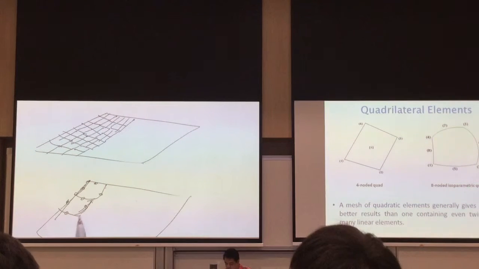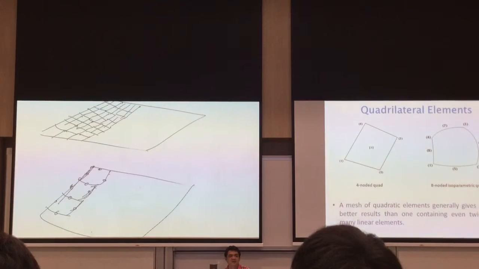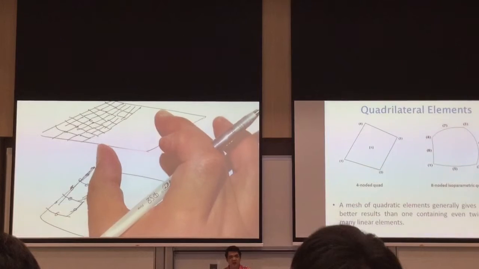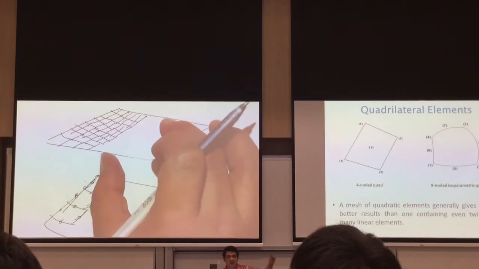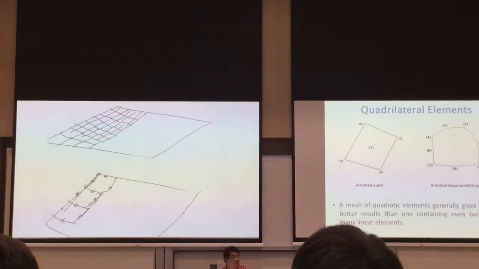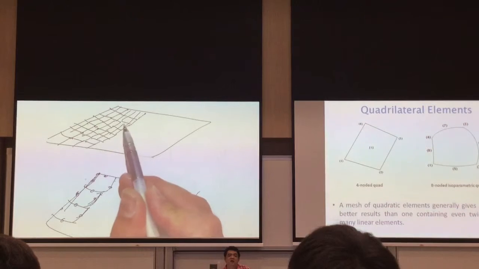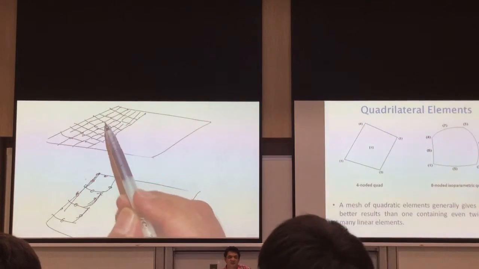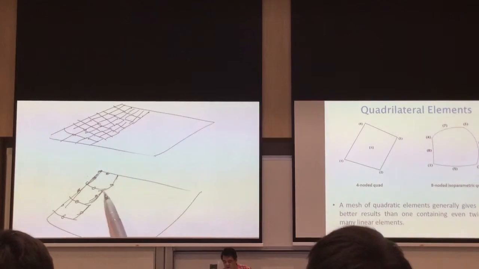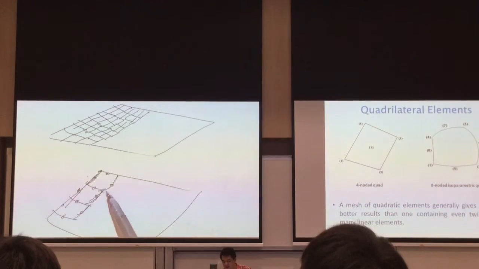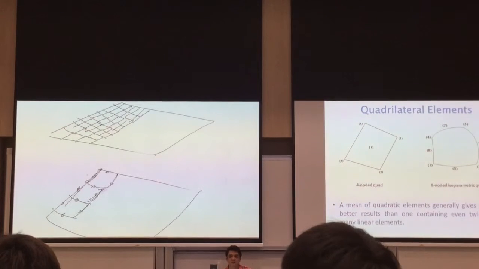With these higher order elements, you will be able to capture the bending of your plate. If you use linear elements, just like the four-noded quadrilateral element there, to be able to capture bending, you need to use a lot of elements. But if you use quadratic elements, you can use a lesser number of elements and still get the same results.